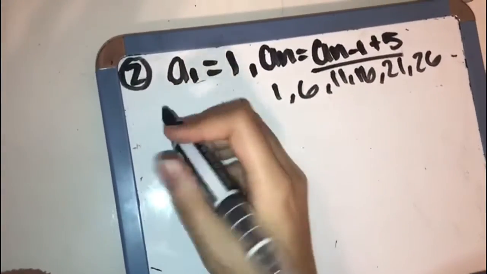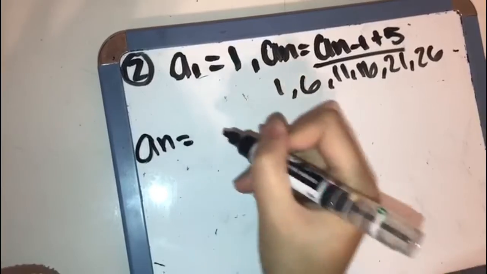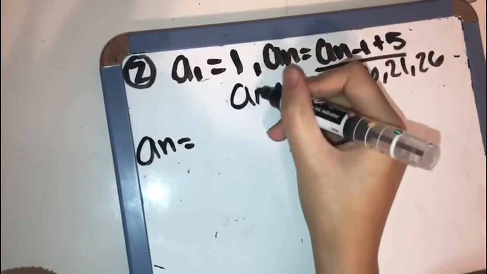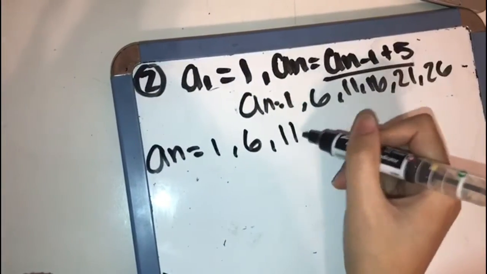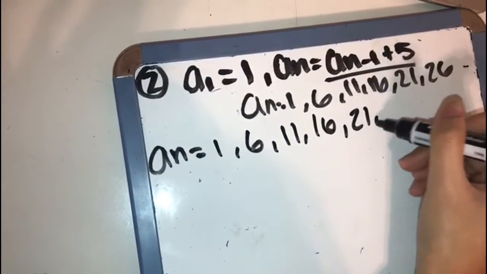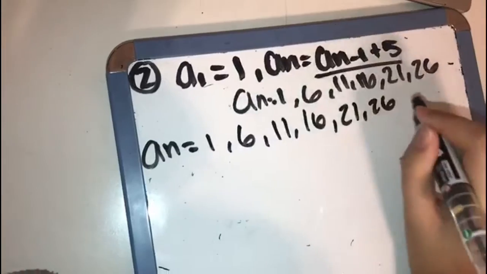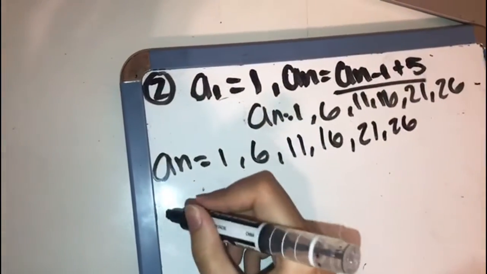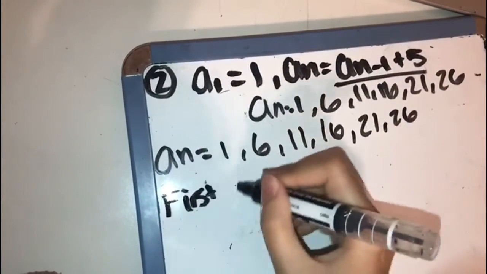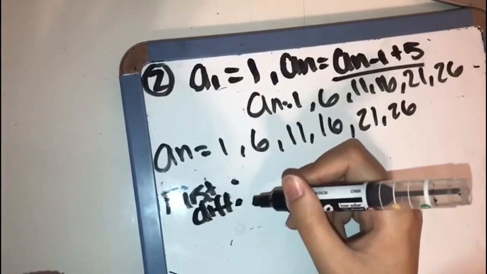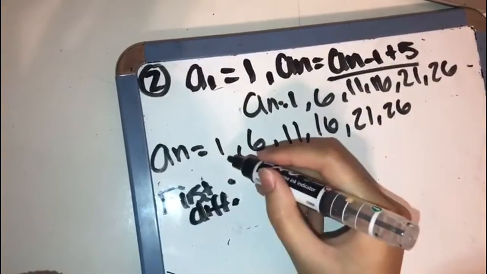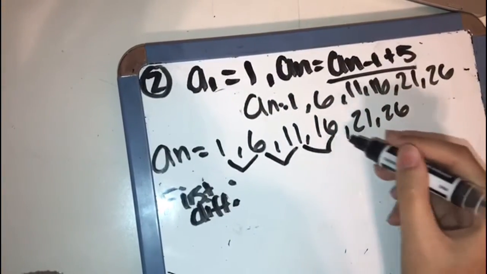So for the first, now listen, we already found AN, which is this. It's 1, 6, 11, 16, 21, and 26. We already found A1 from doing the terms. The first difference: let's look at between all these numbers.